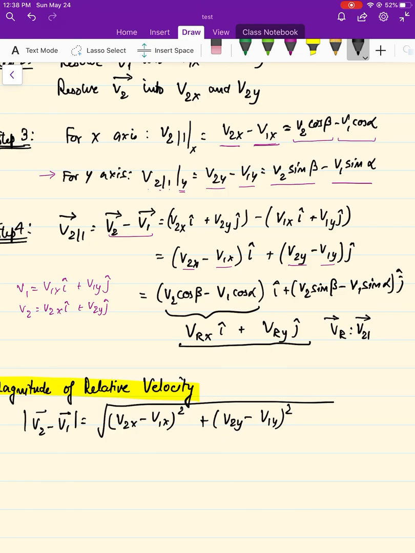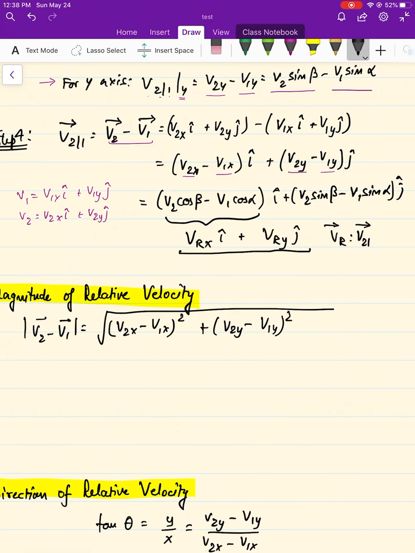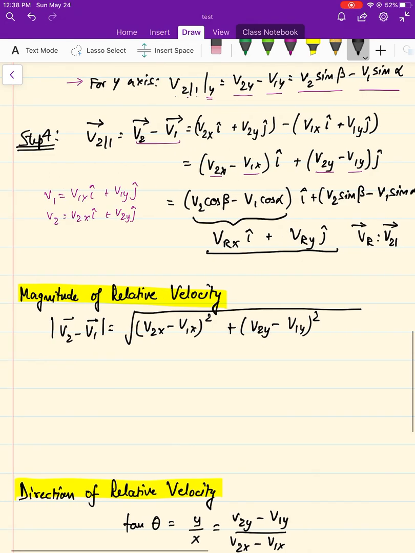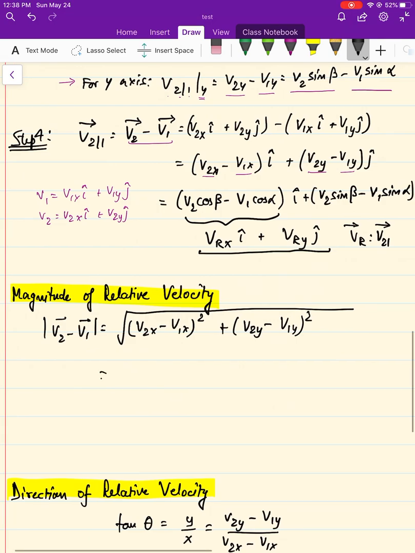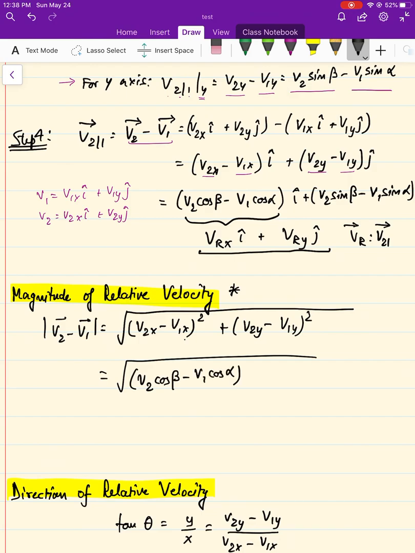Right. So once this is done, and we know that VR is equal to V21, then we calculate the magnitude of the relative velocity, and for this problem, since we know what is the value of v2x minus v1x, this gives you the magnitude, and this is essentially some calculation from your end, but it won't be very difficult. Cos squared alpha, did I do it right?